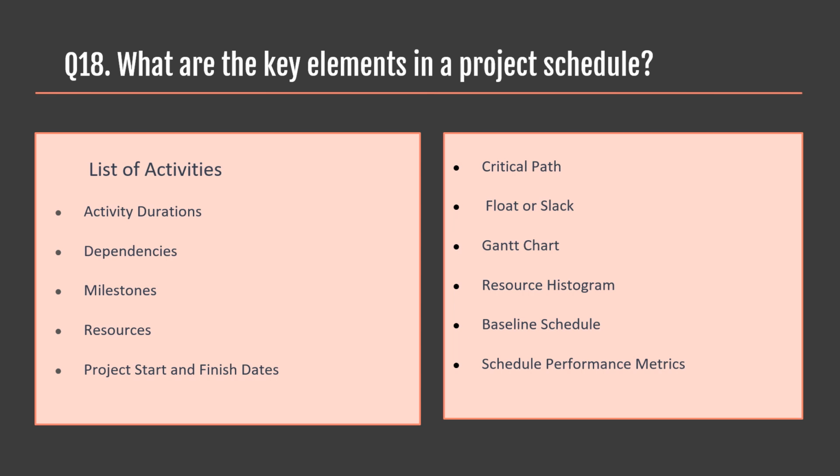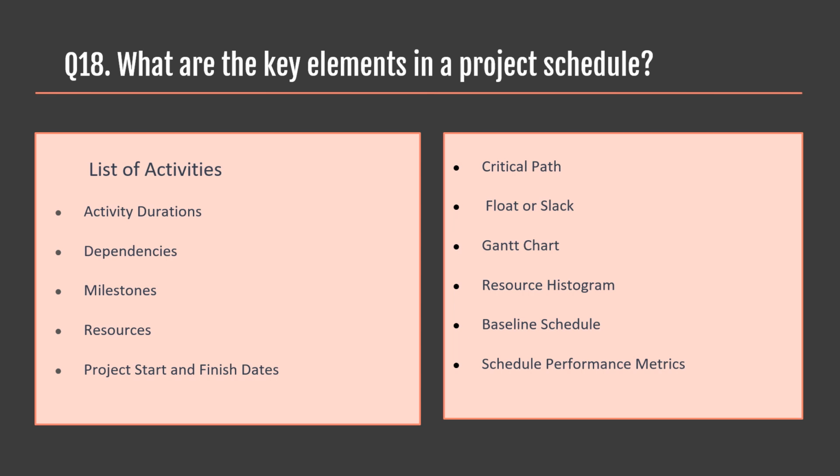Dependencies. She created logical relationships between activities indicating which activities must be completed before others can start or finish, since it helps in determining the critical path and potential project delays. Milestones. She made a list of significant events or achievements in the project timeline that mark the completion of key phases or deliverables.